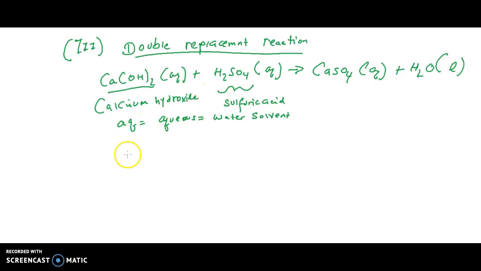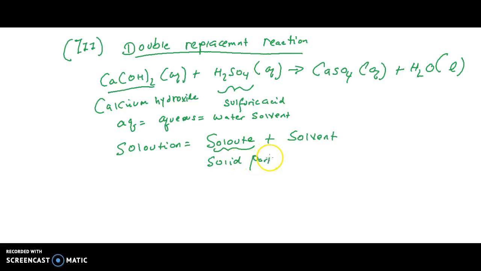Aqueous means a solution. A solution is basically a solute plus solvent. This is also another thing that we need to know. Solute is the solid part, and the solvent is the liquid part. This is the minority part, and this is the majority part here.